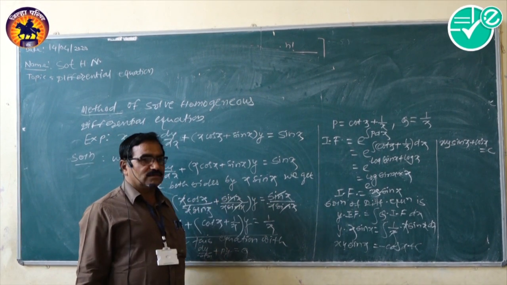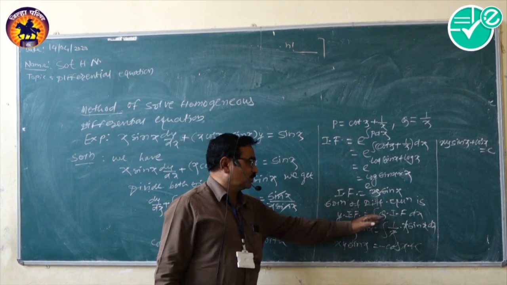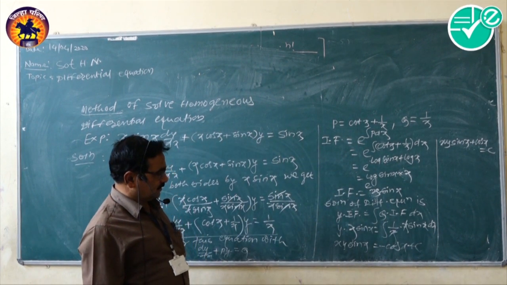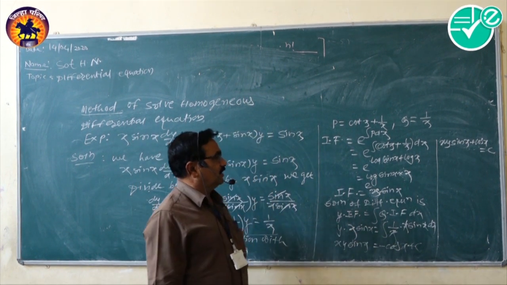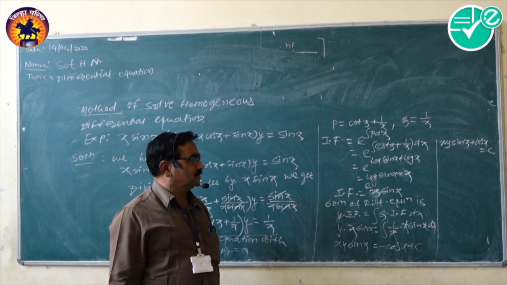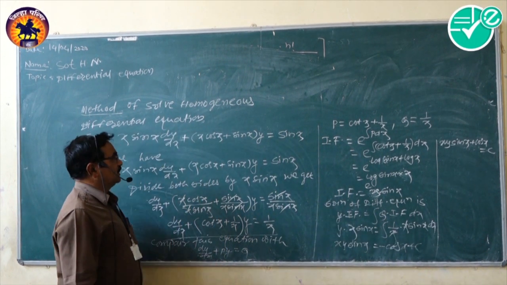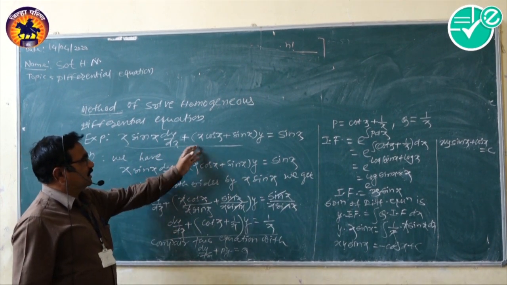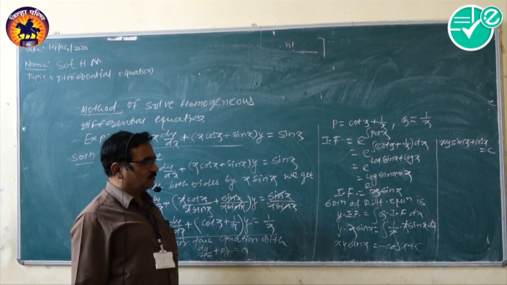First of all, find out the integrating factor and then put in the solution, that is y into if equal to integration of q into integrating factor into dx, and this becomes xy sin x equal to minus cos x plus c, and last answer is xy sin x plus cos x equal to c is the required solution of the given differential equation x sin x dy by dx plus x cos x plus sin x into y equal to sin x.